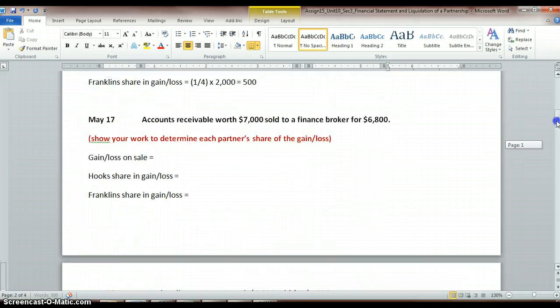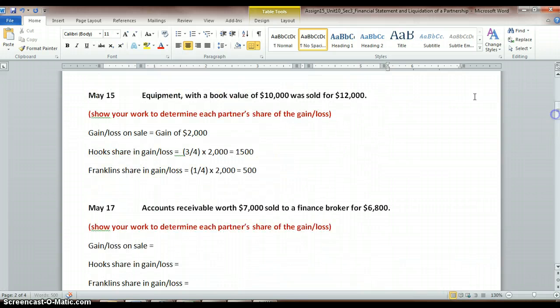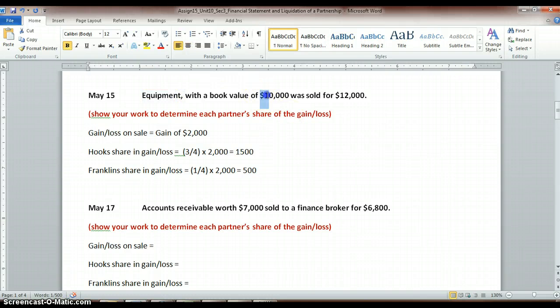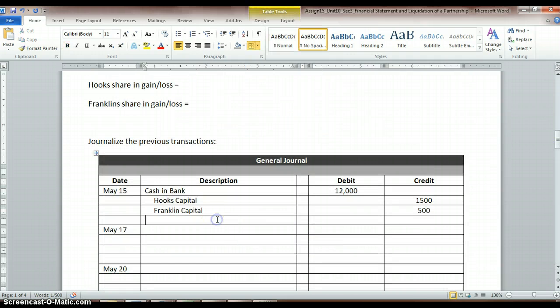And then we have one more thing to record. We sold off our equipment that was valued at $10,000, so we have to make that entry down here as well. Since equipment is an asset account, and we want to decrease it because we sold it, we're going to credit that asset account by $10,000 because that was the value of it.